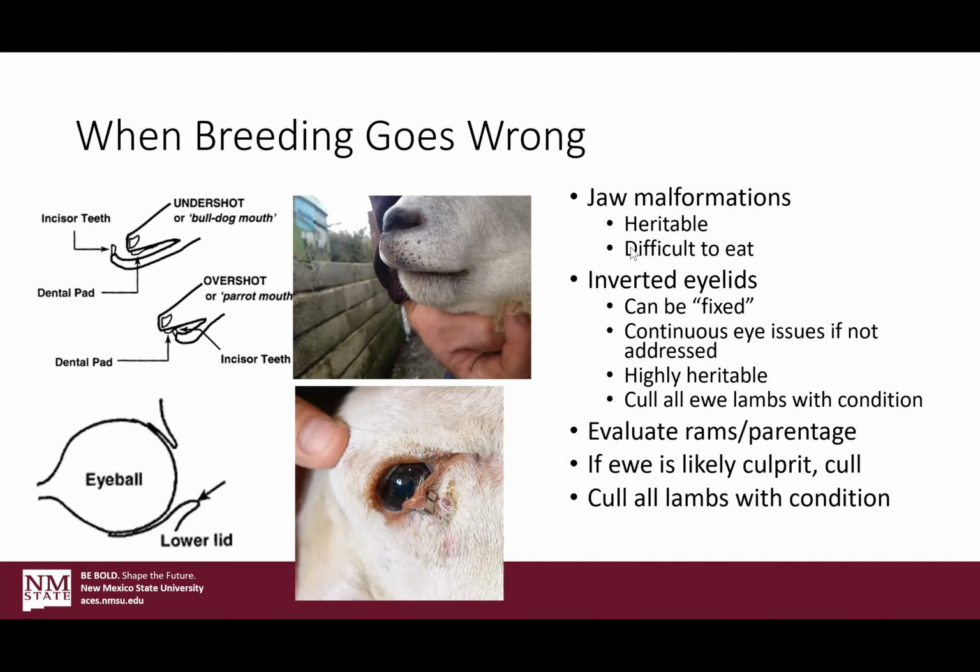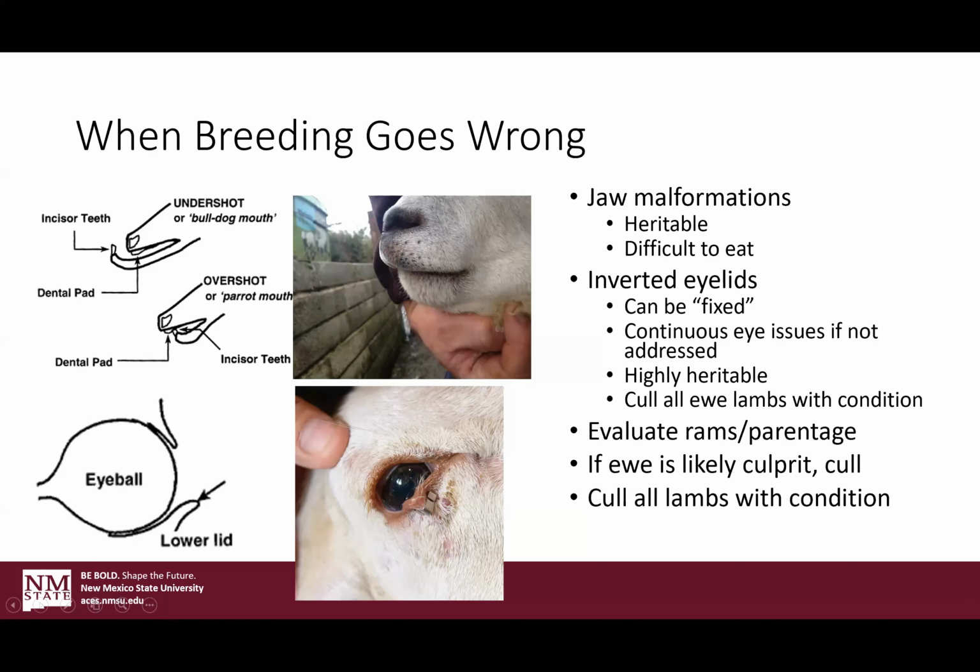So jaw malformations, parrot mouth, is probably most common you'll see in sheep. This is when they're overshot in their bite. You can get undershot, the bulldog mouth. You get these inverted eyelids too. They can be fixed, but again, pretty heritable. So you want to avoid that.